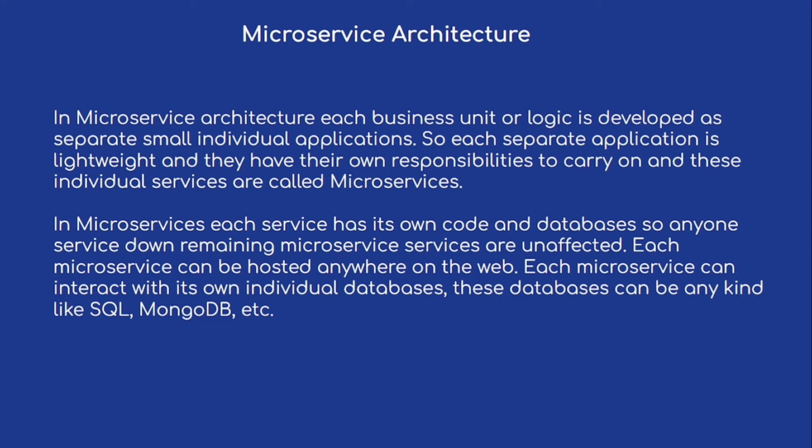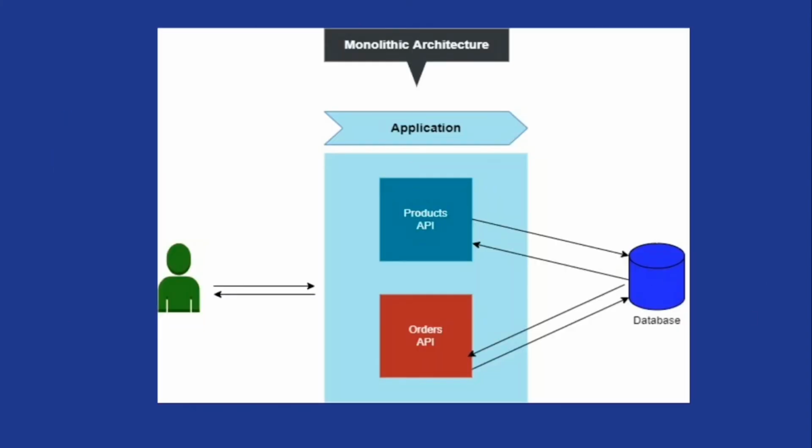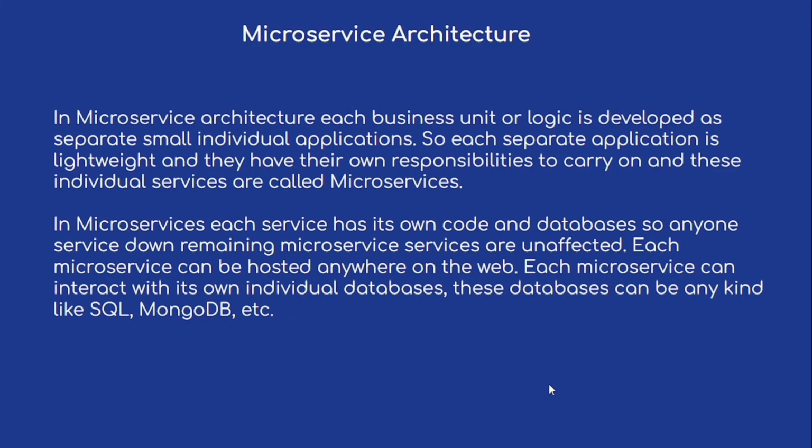In microservices, each service has its own code and its own database, right? In monolithic, we can see a single database inside the single application that every endpoint consumes. But in microservices, every individual application has its own database.